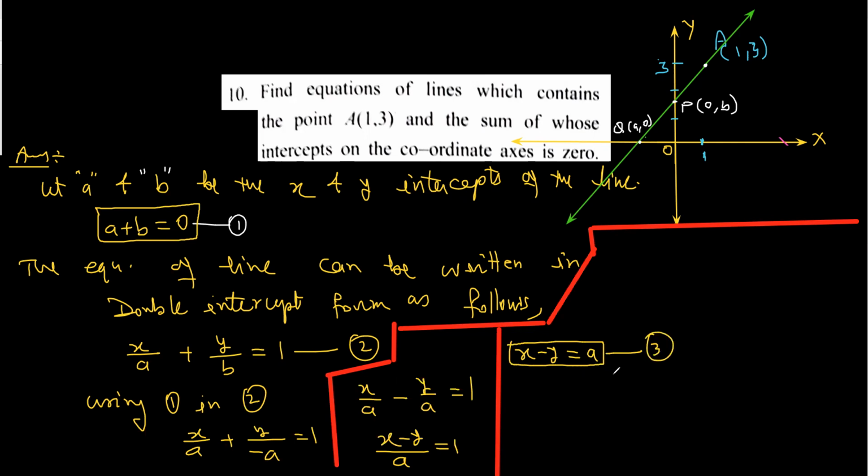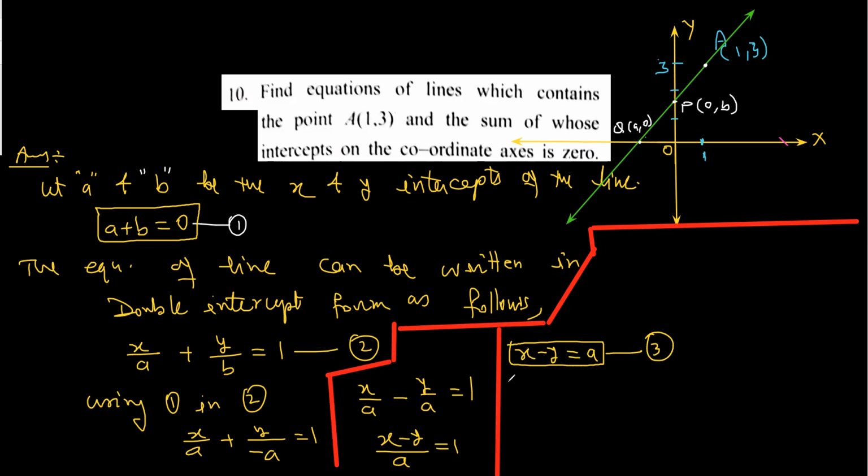It is still not over. Why? Because I don't have the value of a. Now, in order to get the value of a, I will use this data. What have they said? They said that the required line is containing A(1, 3). You all know, if a line contains a point, then the coordinates of that point will satisfy the equation of the line.